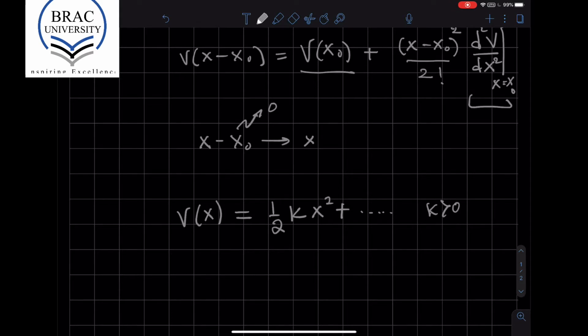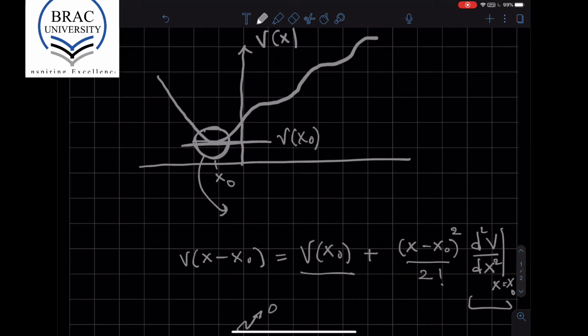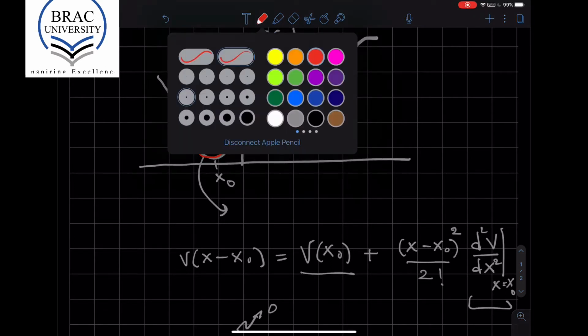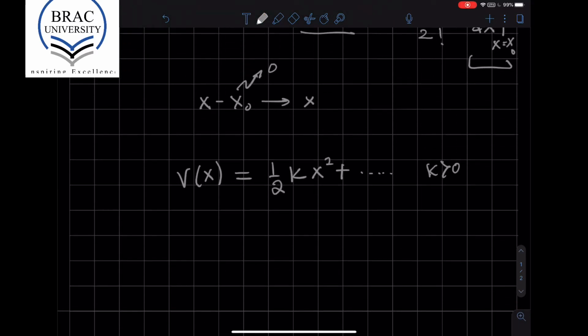Graphically, what is happening here is that you are approximating this region around the ground state as a parabola, a parabolic potential. Of course, we know that this is precisely the potential energy of a simple harmonic oscillator.